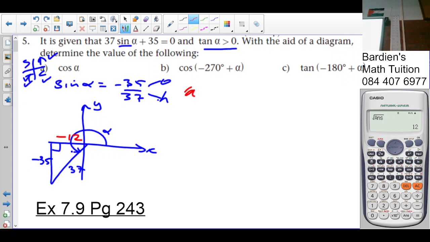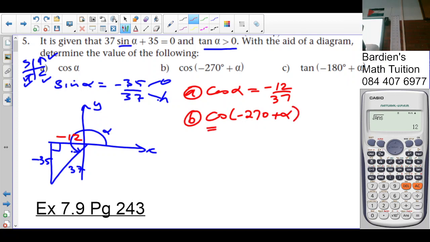So let's go. A. Cos alpha. What does cos stand for? Adjacent over hypotenuse. So it's negative 12 over 37. Let's look at B. Cos of negative 270 plus alpha. So what do we do for the negative angle? Add 360. You then get cos of 90 plus alpha. Can you see that, people? There we go.